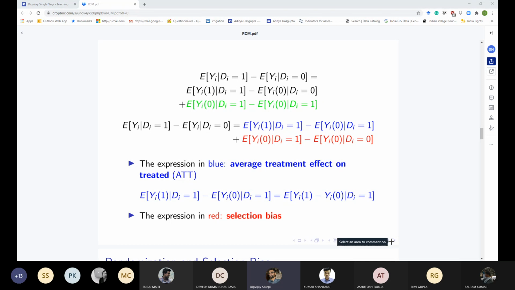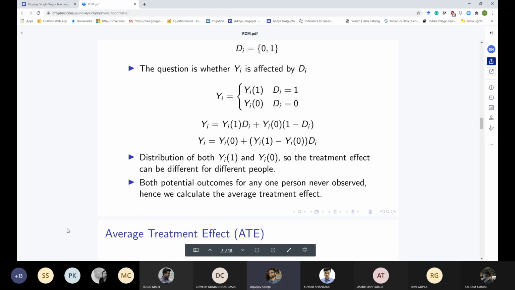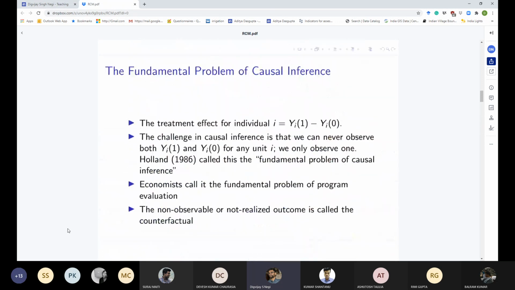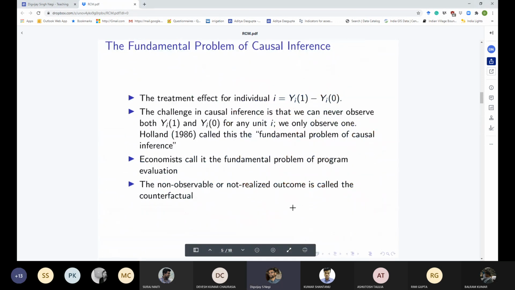Selection bias is always unobservable, and that's why, remember we talked about this, the fundamental problem of causal inference. The challenge in causal inference is that we can never observe both yi1 and yi0 for any unit i. We only observe one, and they have a term for it, which is this fundamental problem of causal inference.